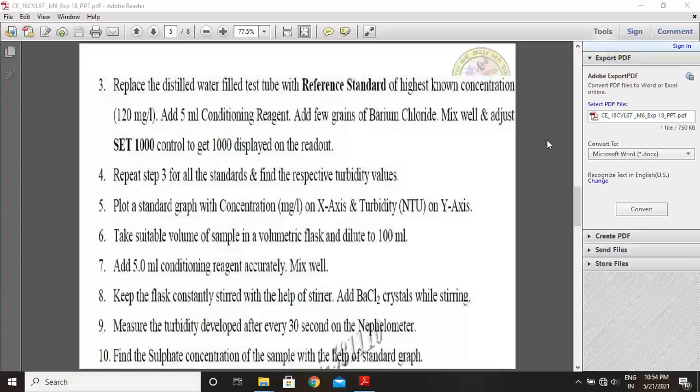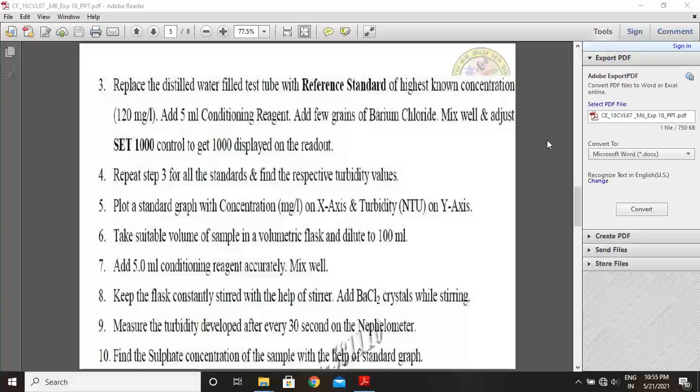After knowing the 6 standard solutions with 6 turbidity values, plot a standard graph with concentration in milligram per liter on the x-axis and turbidity in NTU on the y-axis. Take natural graph sheets and plot the graph, concentration on the x-axis and turbidity on the y-axis.